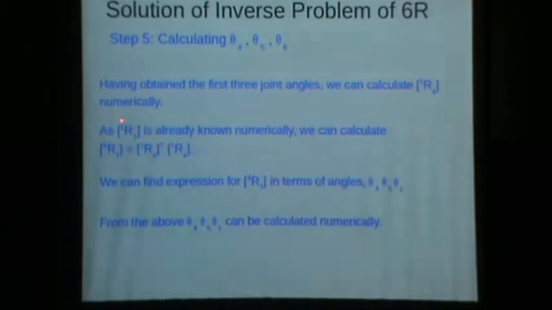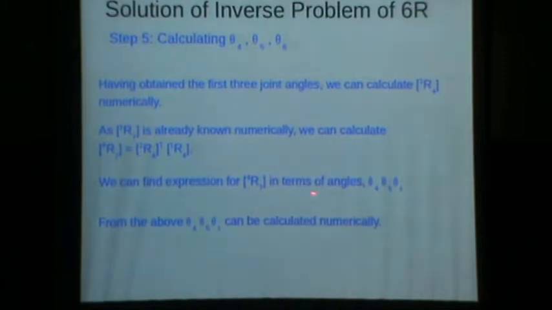Okay, and so we got it numerically, and we can obtain this in terms of angles theta 4, theta 5 and theta 6 by multiplying those rotation matrices R5 to 4, R6 to 5 and R7 to 6, and so you get the expression for these elements.